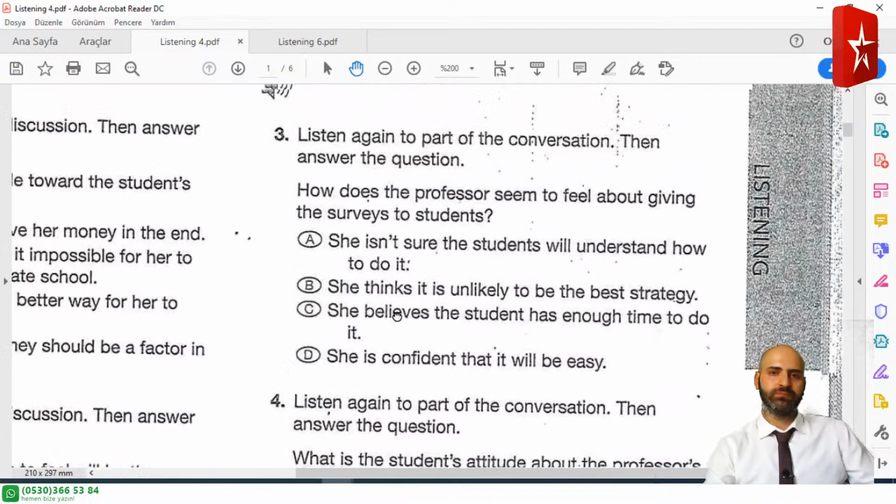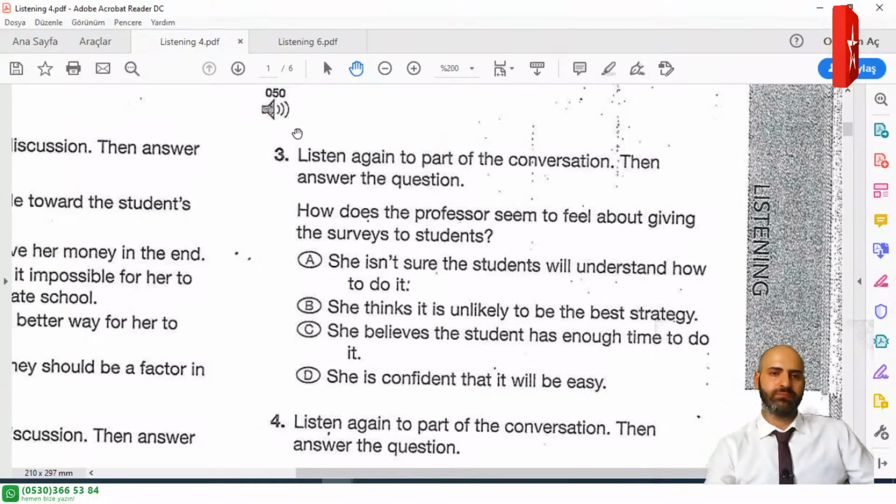Number 3. Listen again to part of the conversation, then answer the question. Well, I think it won't be that much of a problem to find 50 people to fill out the questionnaire, will it? I mean, we could do that in one afternoon at the student centre. That actually kind of sounds like fun to me. You think so?